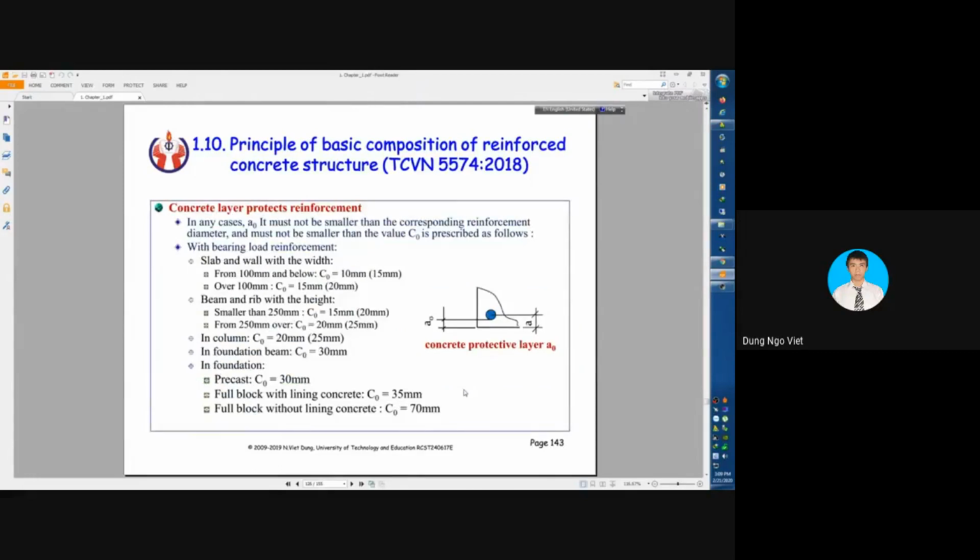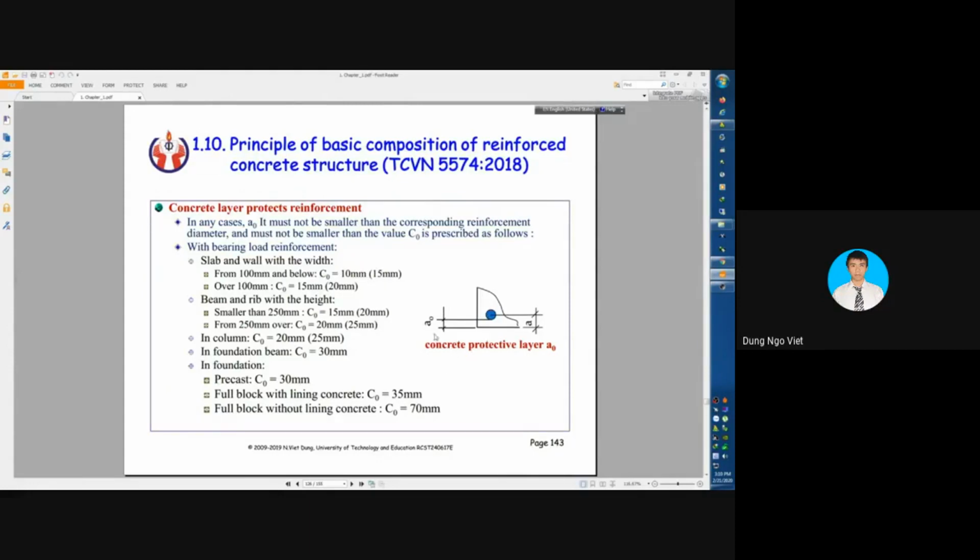Here we have the concrete layer that protects reinforcement, A0. In any case, A0 must not be smaller than the corresponding reinforcement diameter. So A0 must be bigger than the diameter of this reinforcement.